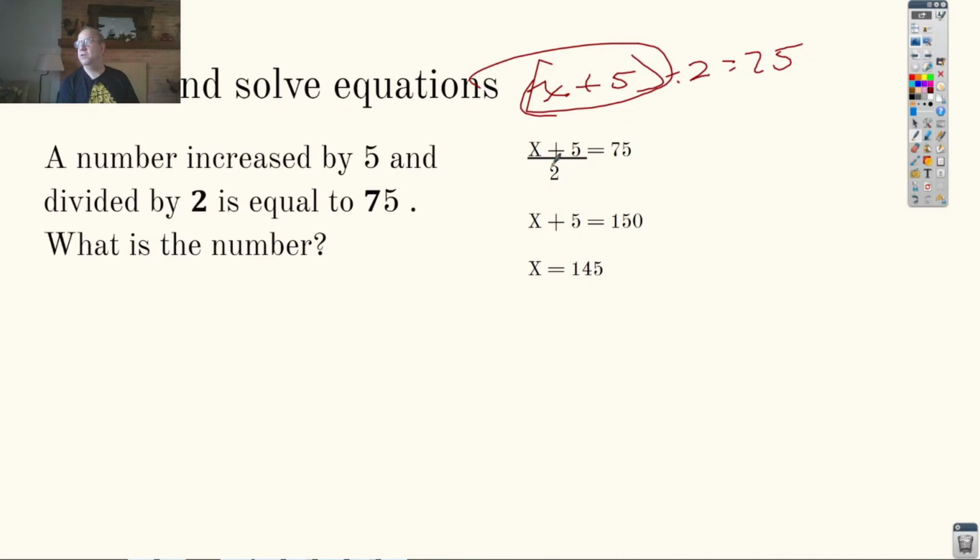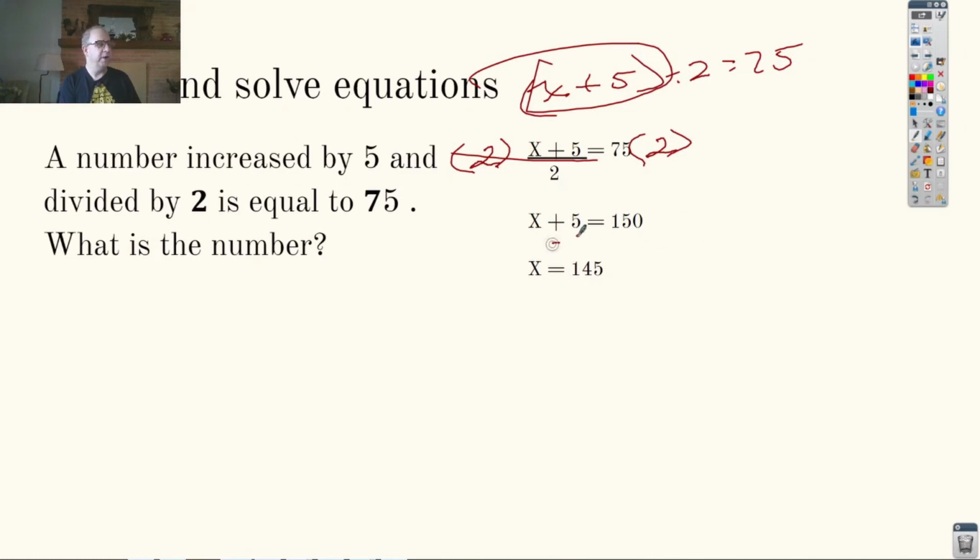So we do this as a fraction because fractions are so much easier. Why are they so much easier? Because if I multiply by the denominator on both sides, this cancels out and I have x plus 5 equals 75 times 2, which is 150.